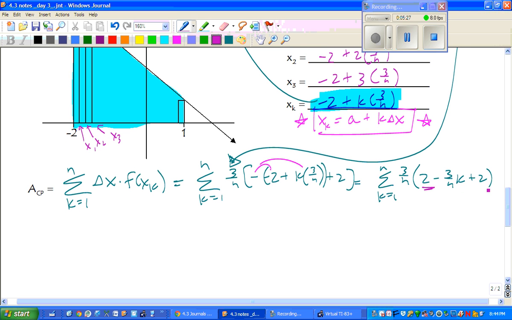All right, so these 2's we can combine, that's going to be 4, and we can distribute this 3 over n. So we have sum k equals 1 to n, and these add up to 4, so if we take 4 times 3 over n, we're going to get 12 over n, minus 3 over n times 3 over n k, 9 over n squared times k.